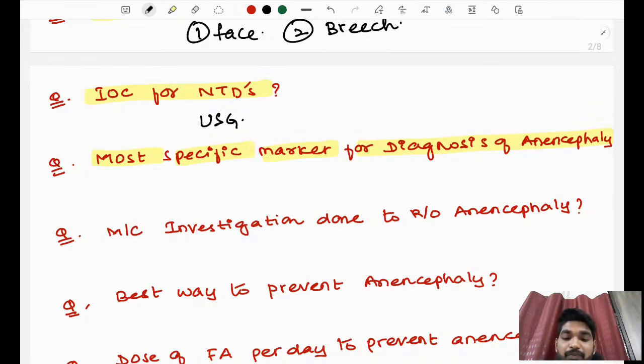It is acetylcholinesterase. And what is the most common investigation that is done to rule out anencephaly?